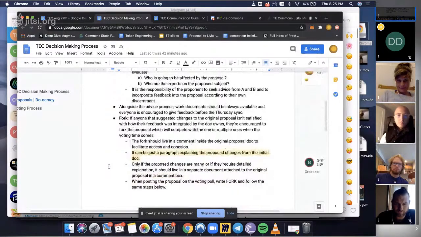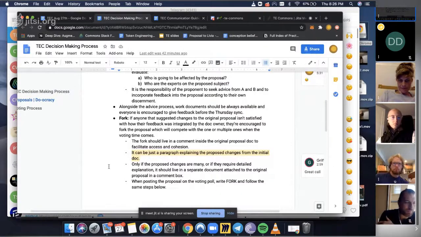The fork idea is that anyone who suggested changes, whether the advisors or people that weren't called but gave feedback, and who thinks their feedback is super important and wasn't integrated in the best way, can fork the proposal. Shabnan gave really good feedback last week that it was a bit confusing to have two very similar proposals when Griff made a fork.